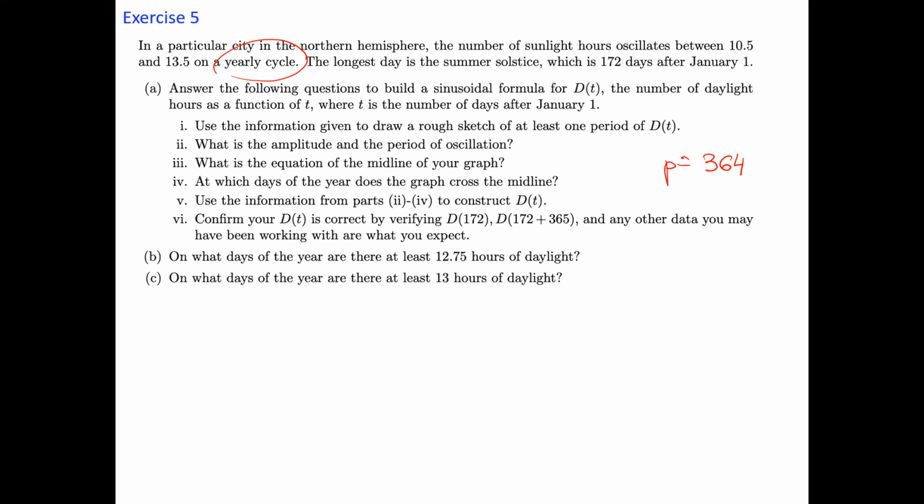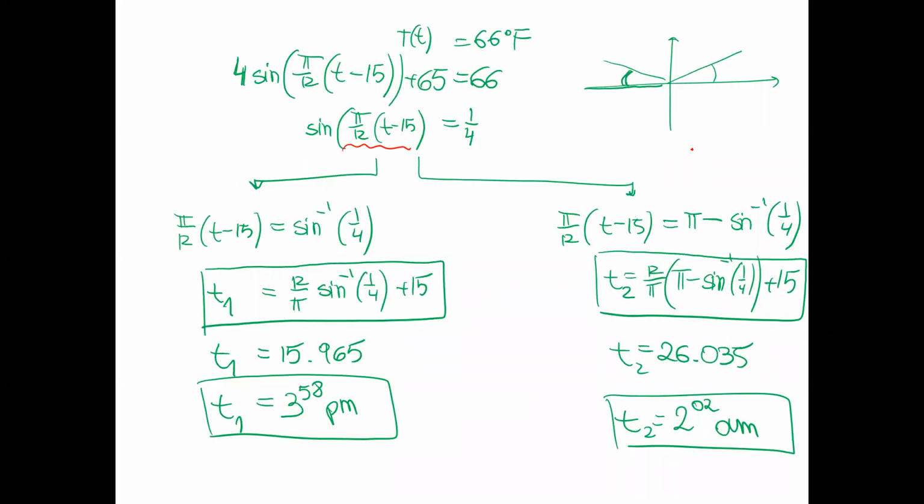I know that the year is 365 or even 366, but you can try to use 364 as a whole cycle period. And then you can try to follow exactly the same steps that I did. Okay, enjoy your trigonometry. Thank you.